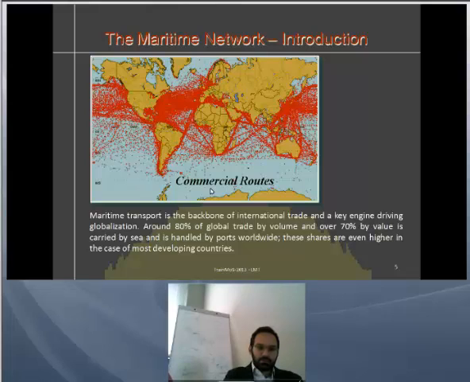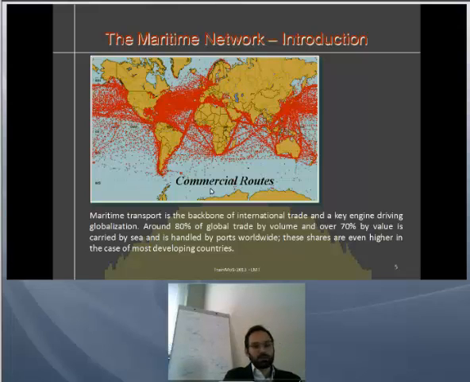It is well known that maritime transport nowadays, and not only nowadays, but from a long time ago, it's the backbone of international trade. It's the most efficient way of transporting goods in long distances and cost effectively, and is a key engine for driving globalization.